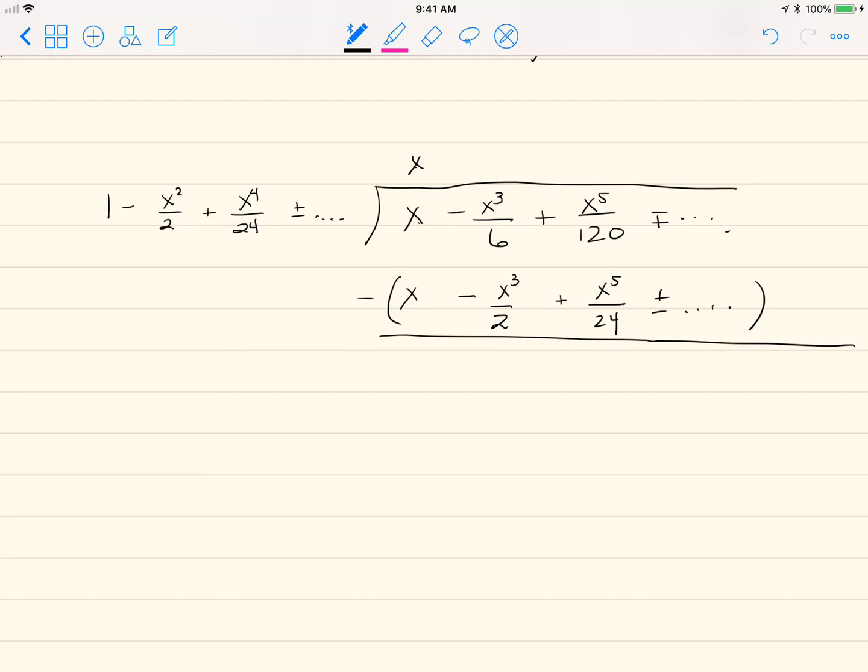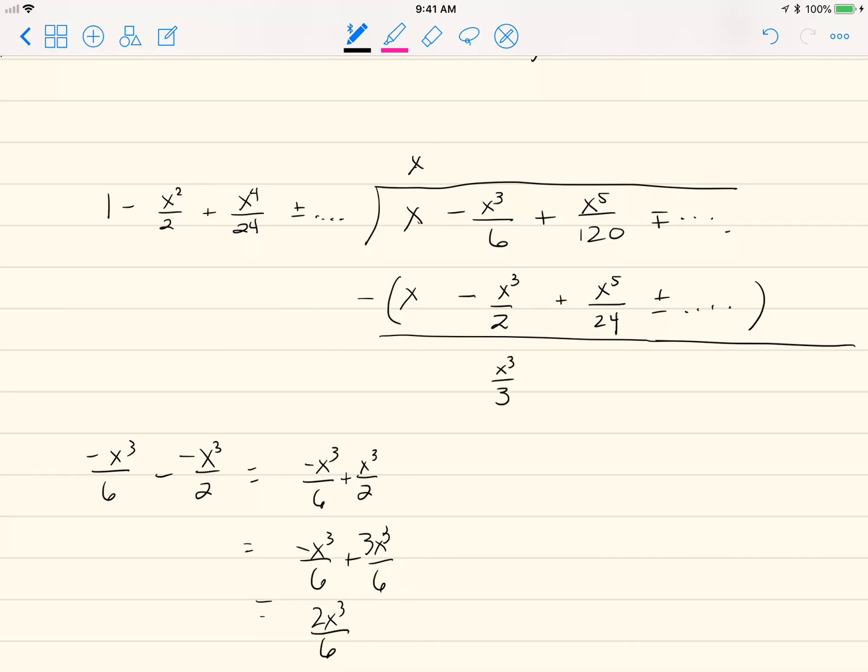Negative x cubed over 6 minus negative x cubed over 2, that is the same thing as negative x cubed over 6 plus x cubed over 2, which is the same thing as negative x cubed over 6 plus 3x cubed over 6. So we get 2x cubed over 6, which is x cubed over 3. And then we do that same process. What do we get here?